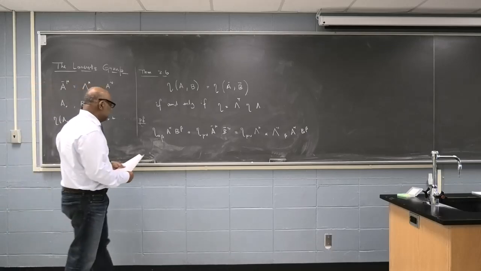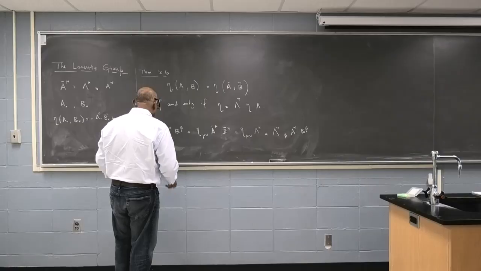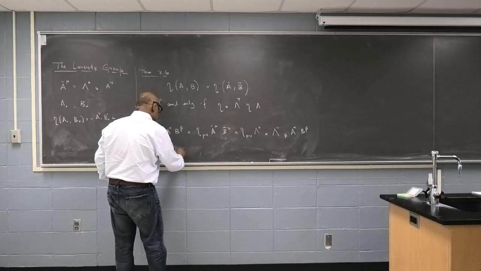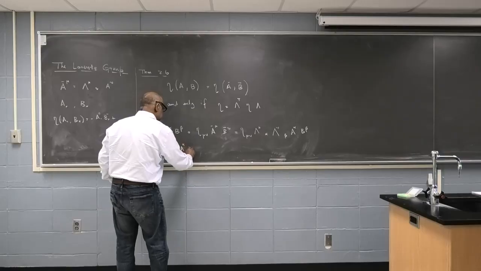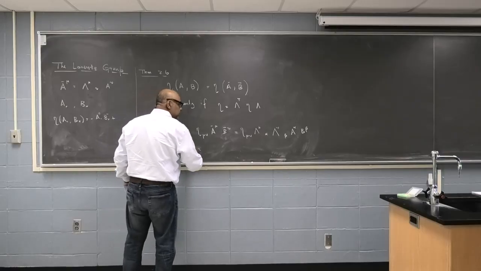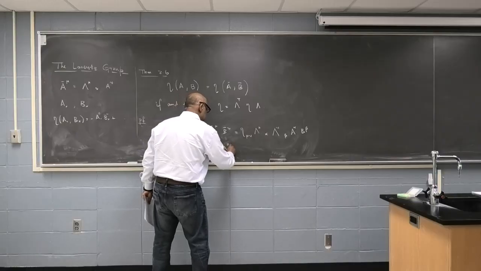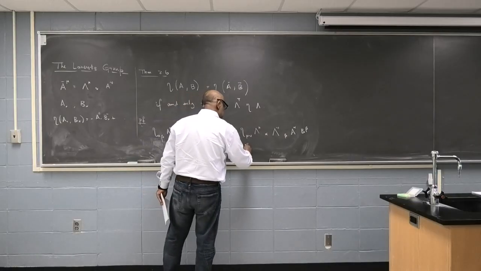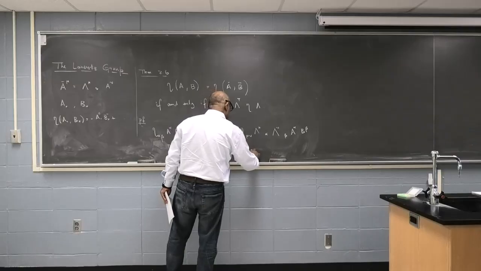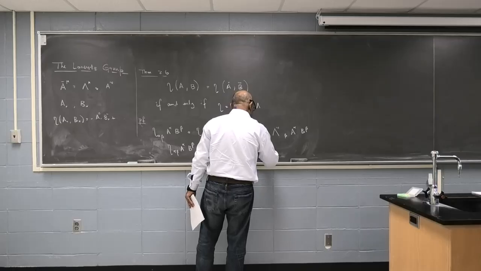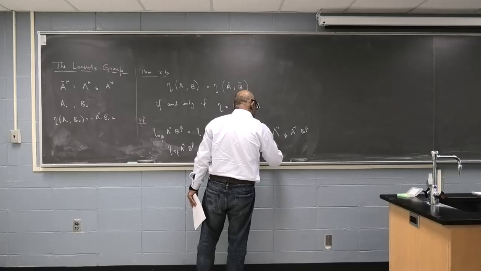Thankfully, I had alpha beta on both sides. So now eta alpha beta A alpha B beta is equal to eta mu nu lambda mu alpha lambda nu beta A alpha B beta.